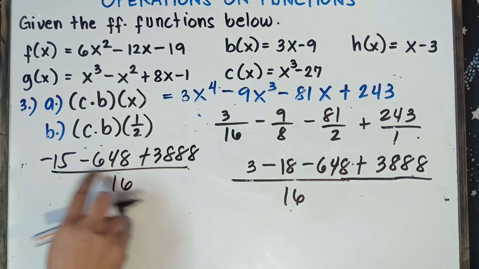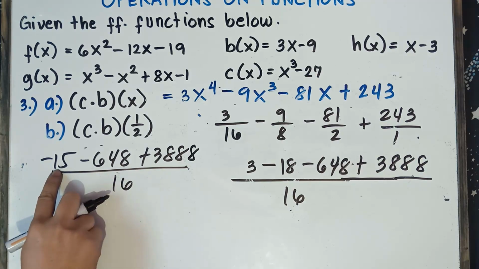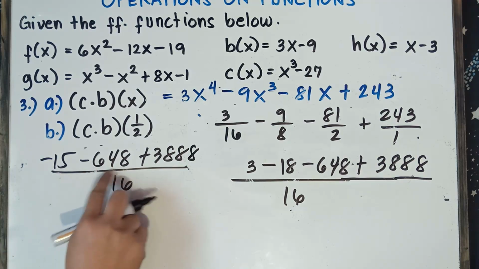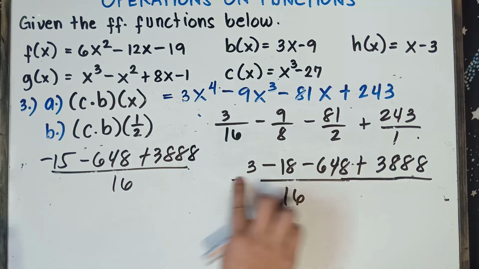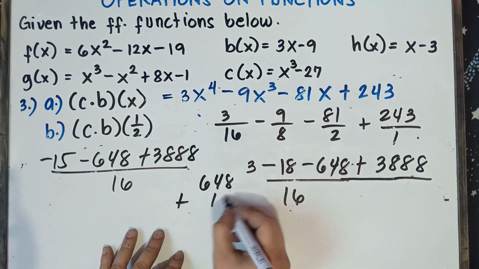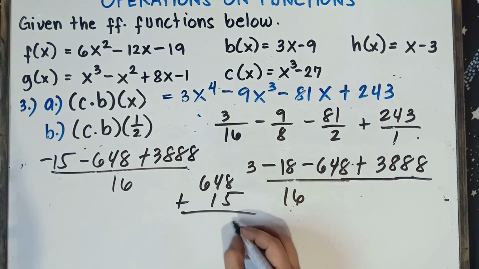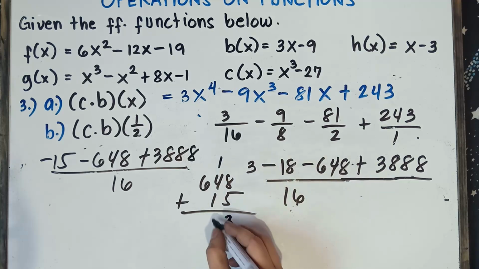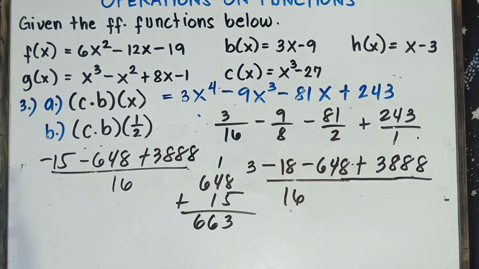We can combine negative 15 and negative 648. Same sign, simply copy the sign, simply add the numbers. 648 plus 15. 8 plus 5 is 13, 3 carry 1. 1 plus 4 is 5 plus 1, that would be 6. Bring down 6.